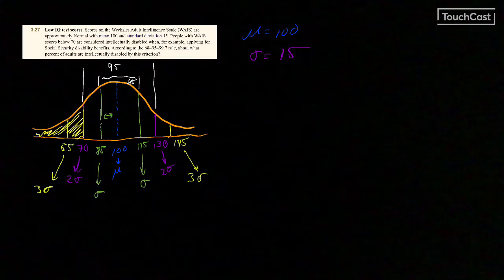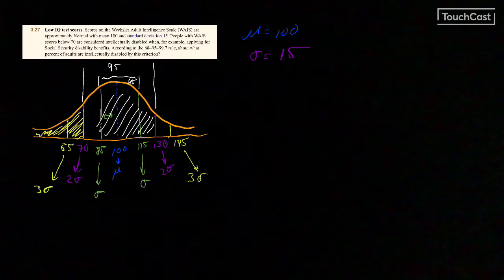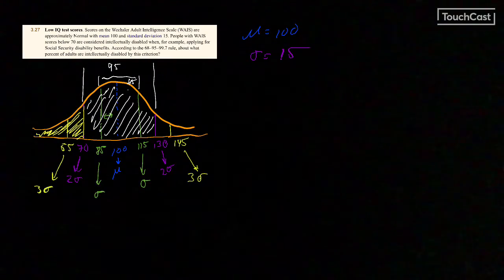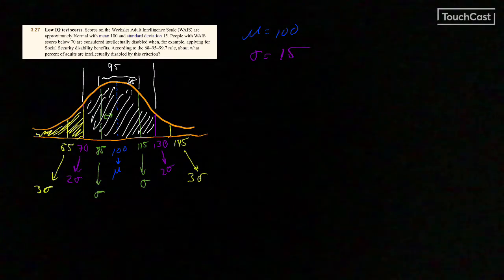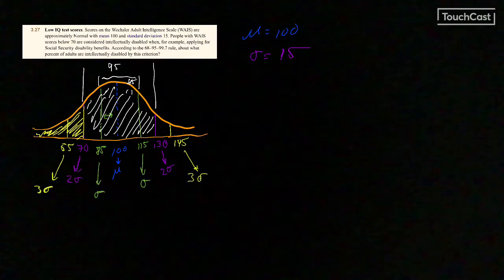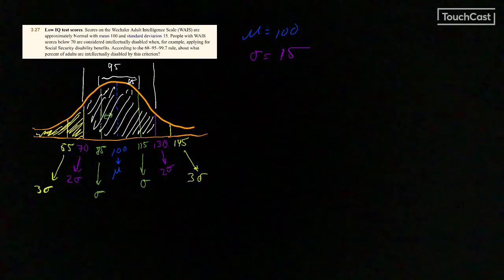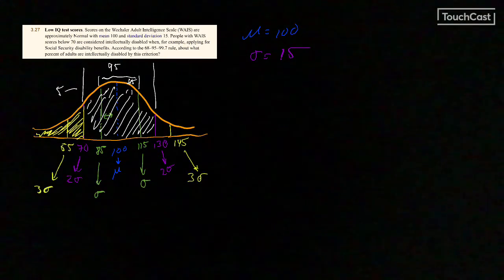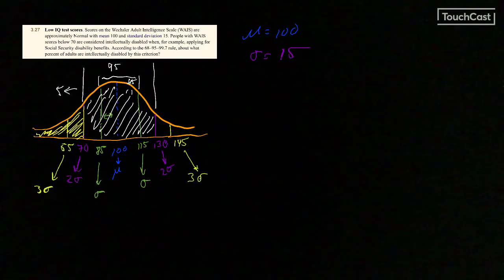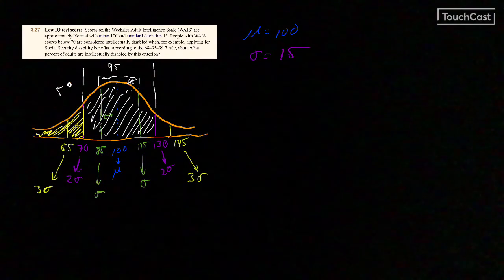So I know that from this point, and I'll try to draw it in here, but this whole thing here, that's 95% of the population in this example. So I'm looking for the stuff that's not in the 95%. So really what I'm looking for is there's 5% outside.